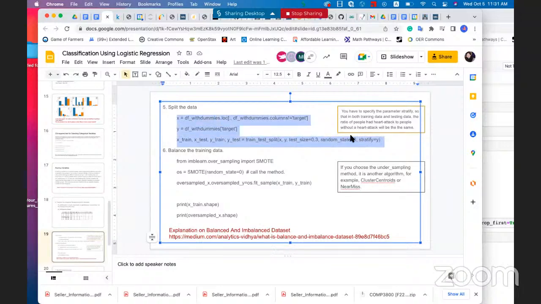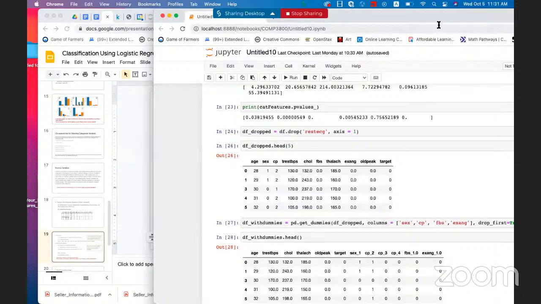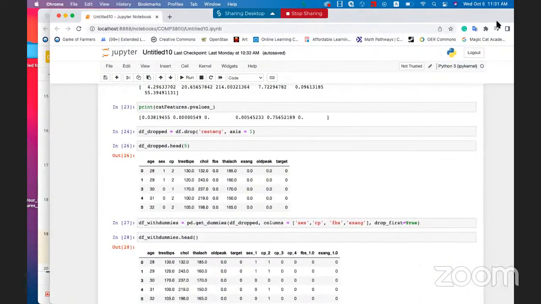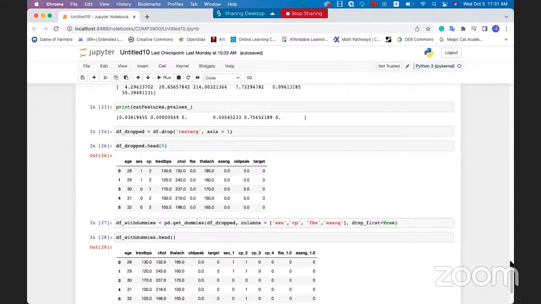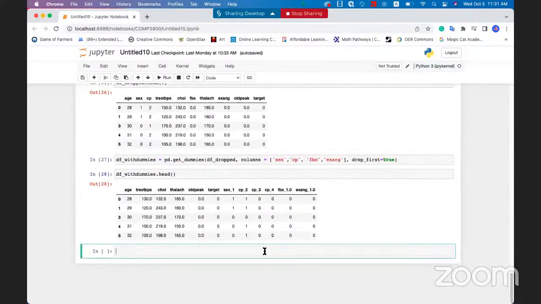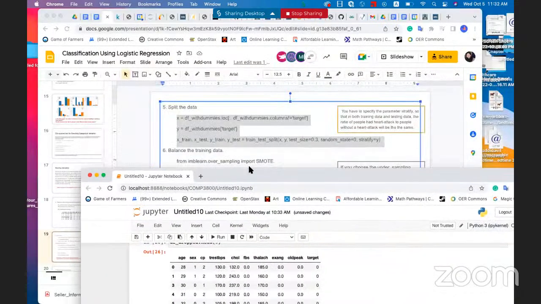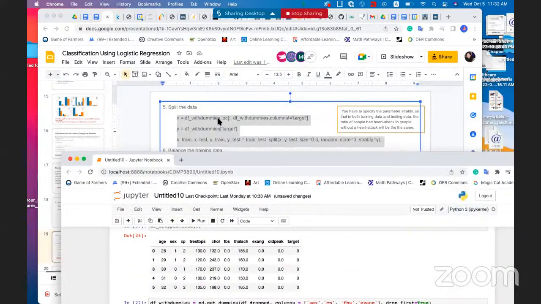Yes, so now because we have the X and Y, you need to, so it's X train, Y train, X test and the Y test equals the method train test split.